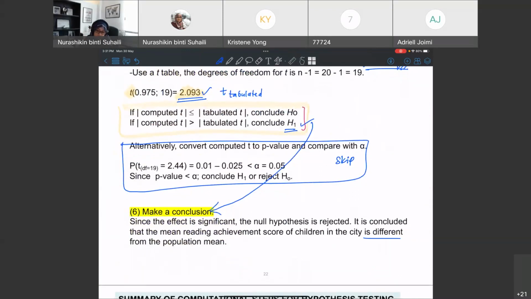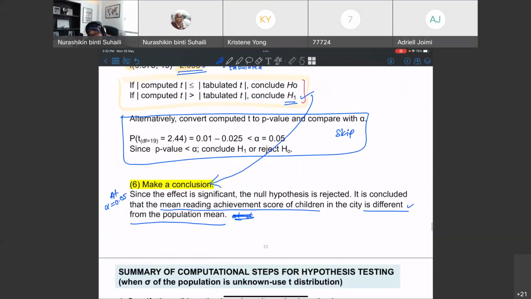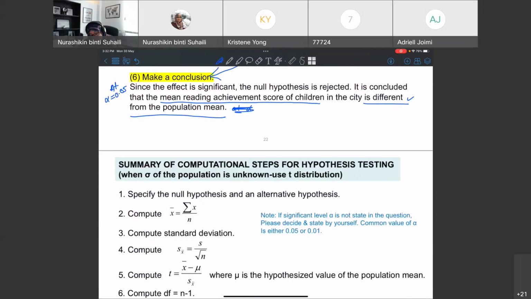See? It's different from the population mean. So you put it in a proper sentence. And to be better, you put at the beginning of the conclusion, at alpha 0.05, it can be concluded that the mean reading achievement score is different from the population. Okay, so that is when the mean of the population is unknown.